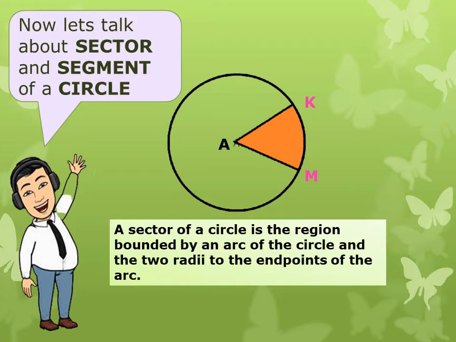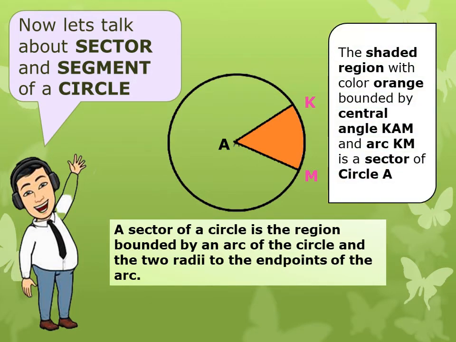So the shaded region in orange, bounded by the central angle and its arc, is a sector of circle A. Don't forget that the sector of a circle is always bounded by a central angle and its intercepted arc.